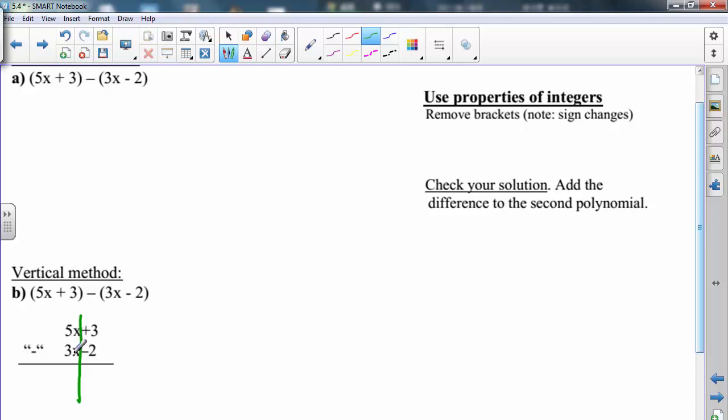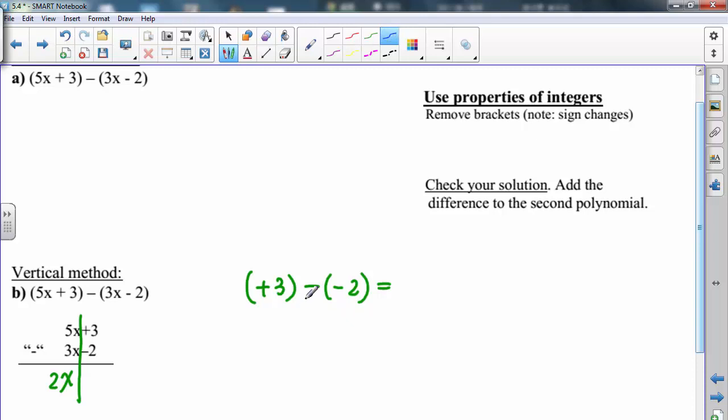For these two columns, I need to do subtraction in each column. 5x, take away 3x. This one is 2x. Positive 3, take away negative 2. In Unit 3, we talked about how we can subtract two integers.